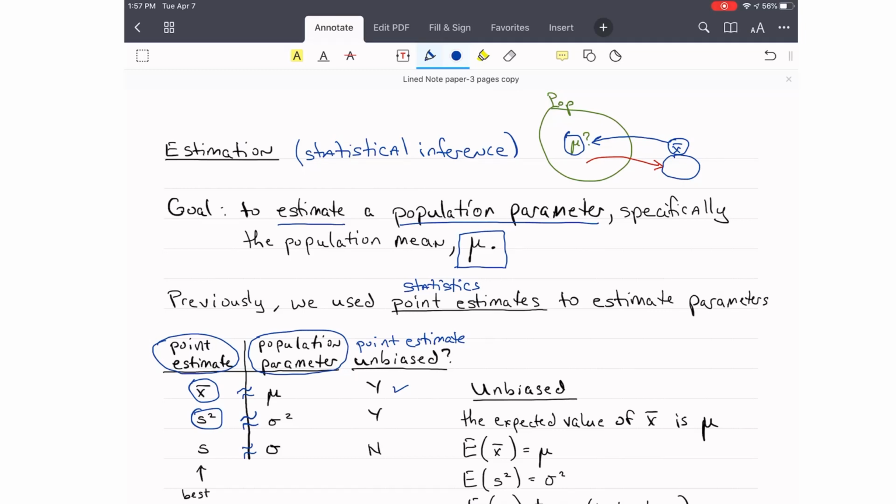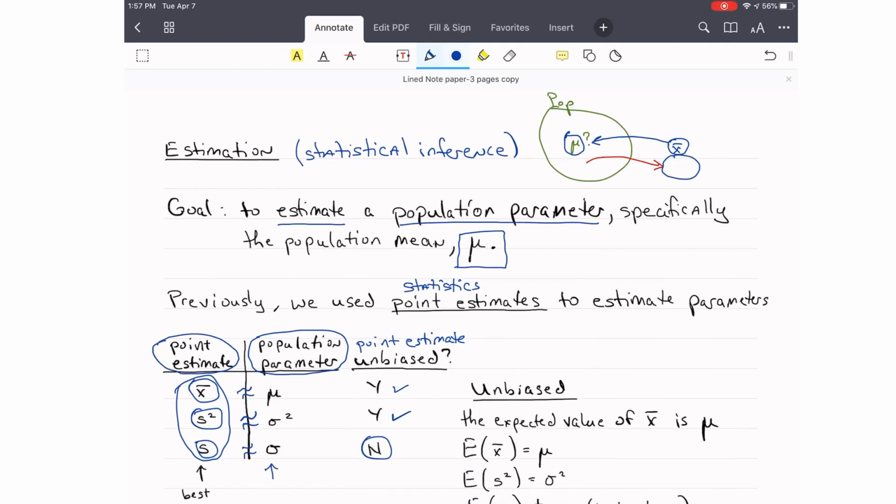Now, s squared is also an unbiased estimate of sigma squared. But s is not an unbiased estimate. And again, it's just slightly biased. It's not too much, but it's slightly biased. And these three point estimates are the best point estimates that we can use to estimate the population parameter.